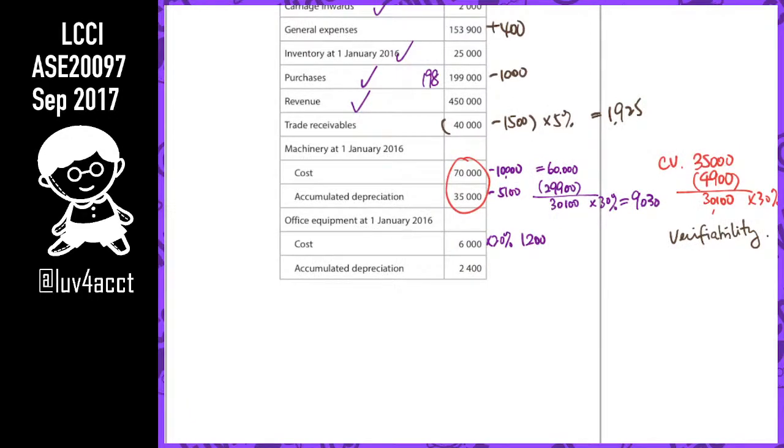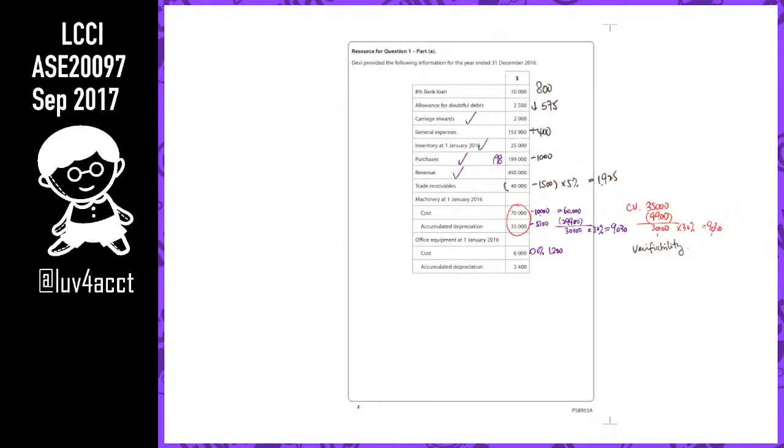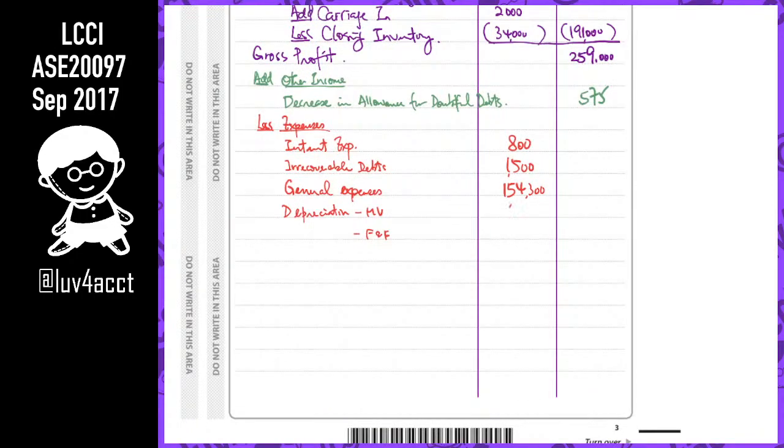One is machinery, 9030, and then 1,200. And that's all. You can see no other items of statement of profit or loss. 9030, 1,200.